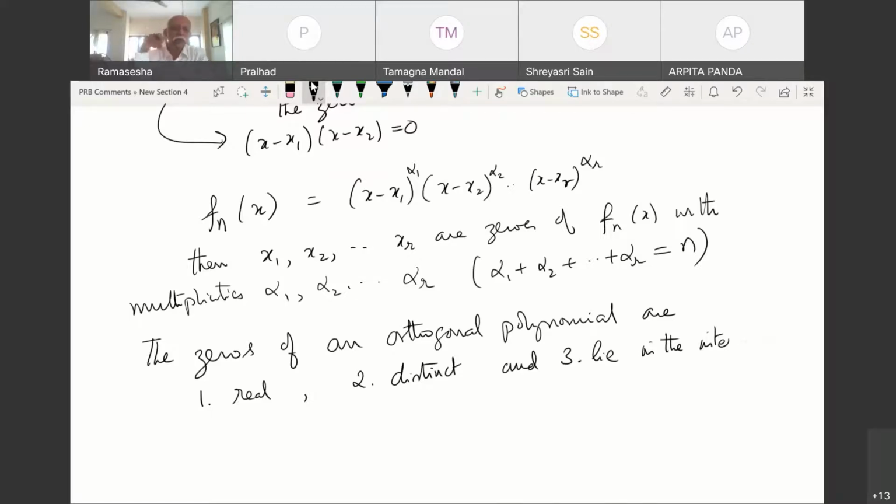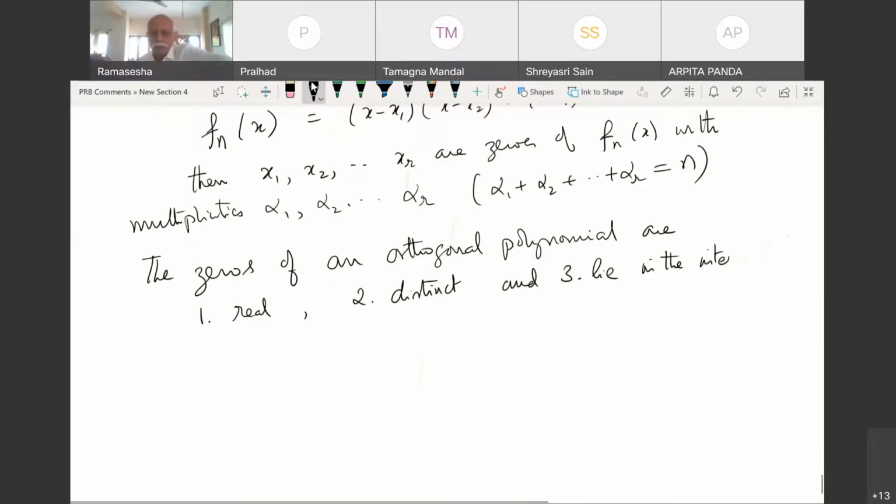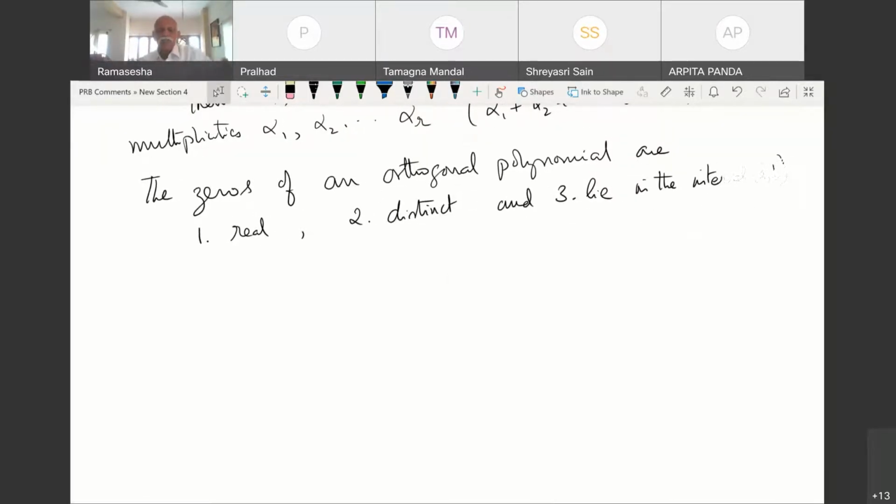Okay, and this is true whether you are dealing with phi 1000 of x or phi 1,000,000 of x. It does not matter. You will always have this particular property of the zeros being distinct, real, and lying in the interval a comma b. So you have to appreciate it because it is such a unique thing. Because if I give you an arbitrary polynomial, the zeros can be anywhere on the complex plane.